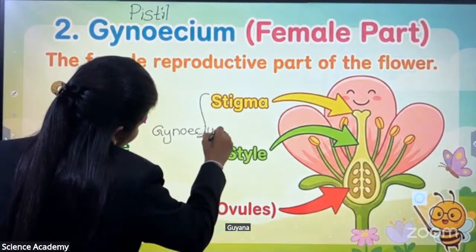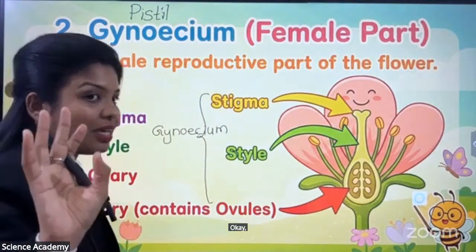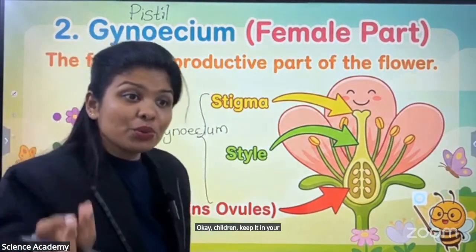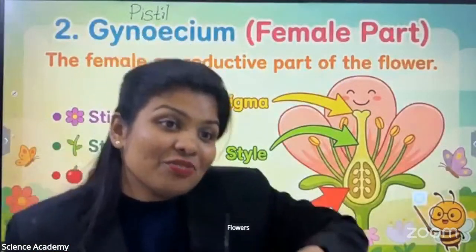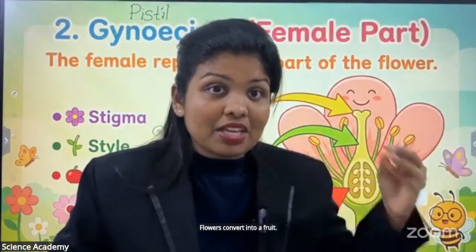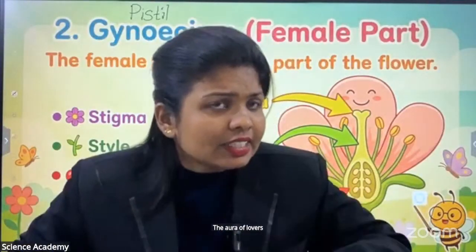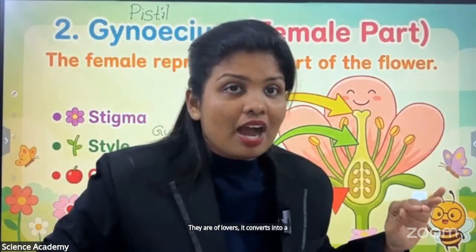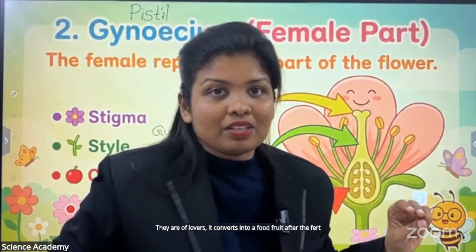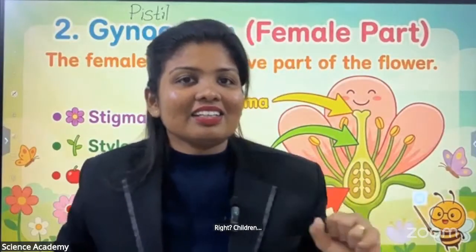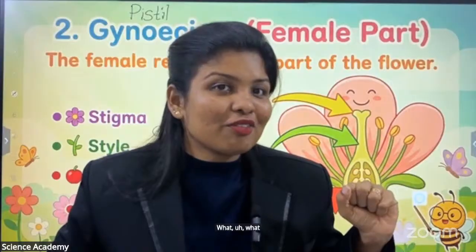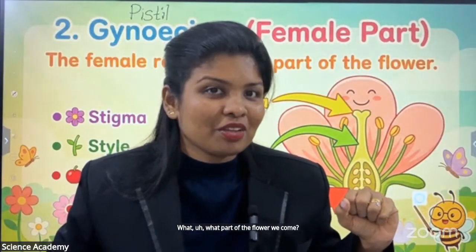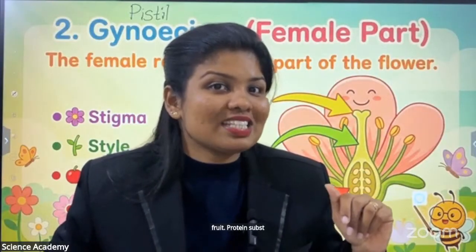Gynecium all together. Okay, children. Keep it in your mind. You know there are flowers that convert into a fruit after the fertilization. Children, banana. What part of the flower becomes fruit? The fruity substances around the seeds.